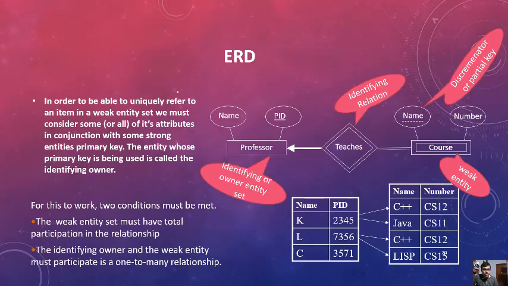The entity whose primary key is being used is called the identifying owner. Which entity's primary key is used to make this course entity strong is called the identifying or owner entity set.